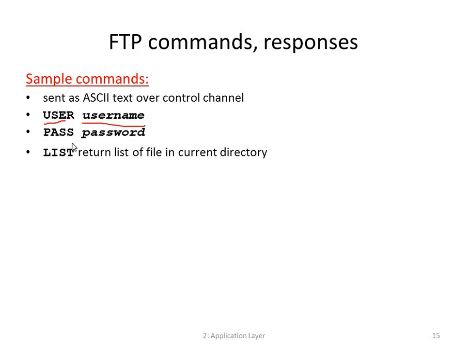LIST is the command for identifying the directory, so the list is displayed, and you can easily find it in your Windows operating system also. Then RETR retrieves the file, it gives you the file name. Whenever you are searching for a file name by a certain extension, you will be able to find this information.